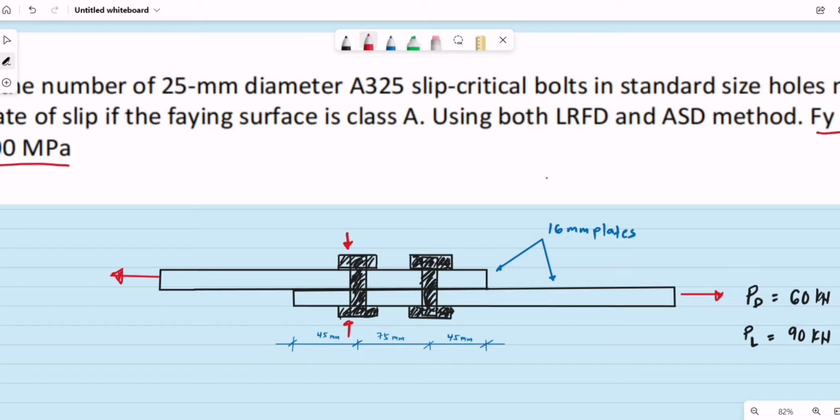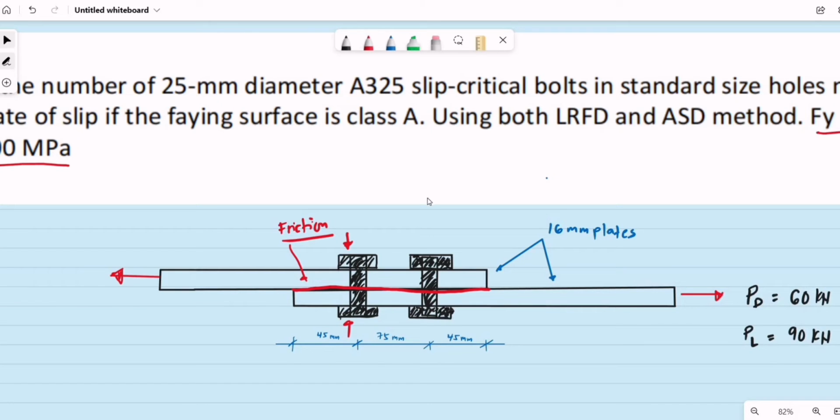If these bolts are in tension, we are maximizing the friction between these two plates. If you are able to maximize the friction between these two plates, we have frictional force that will prevent the movement of this contact area between the two plates. That is how a slip critical connection works.